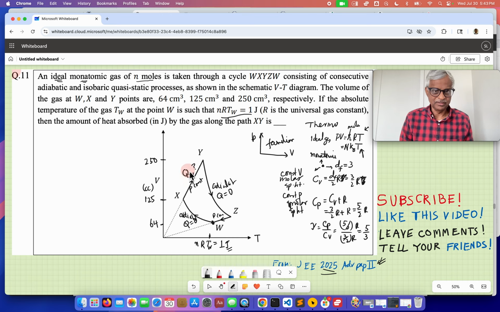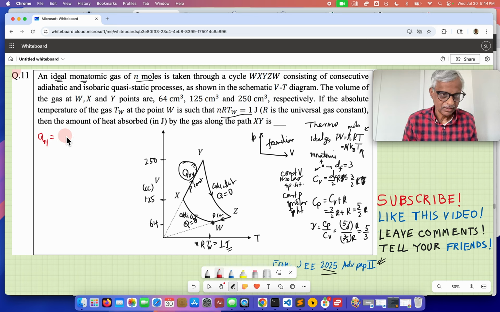All right, so this is the question for us. Let's see, this is happening at constant pressure. So right away, we can start from here and see what we need. Q_XY will be the number of moles, I'm going at constant pressure, this is constant pressure, P is constant, times dT.